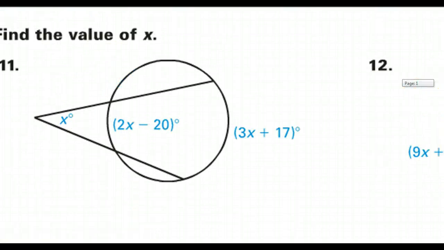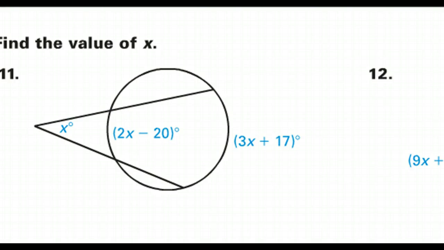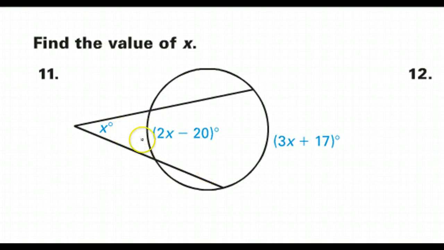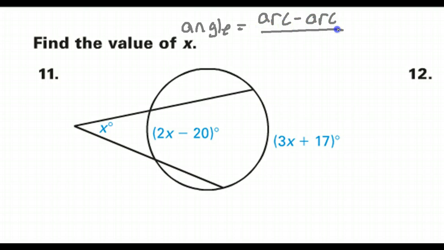All right, number 11. Well, this is outside the circle, so we're going to be using the formula that goes angle is equal to the big arc minus the small arc divided by 2. That's the formula that we use when we're outside the circle. So it's just a matter of what goes where. And so it'll be like this. The angle is x.